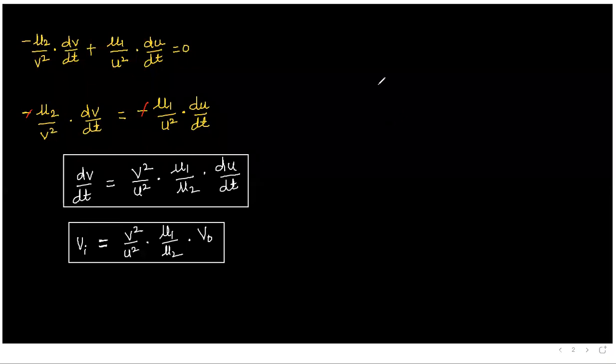Okay. Right. Now next topic is net magnification of spherical surface. What is the next concept?